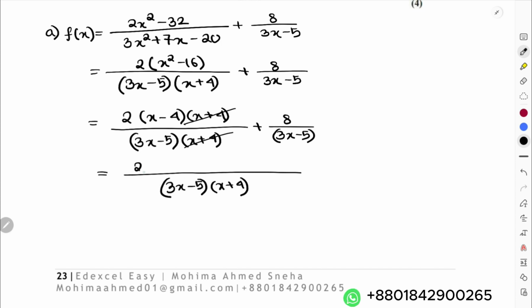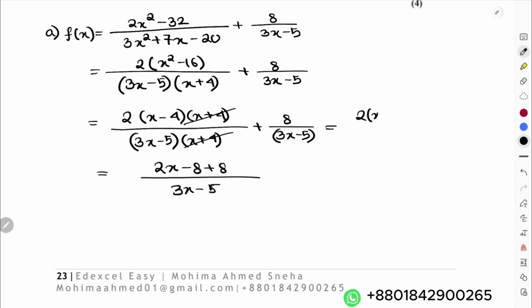Oh wait, sorry, I made a mistake. Both of them have the same denominator, as x plus 4 is anyway cancelled. So you get how much? 2x minus 8 plus 8 divided by 3x minus 5, right? Because they now both have the same denominator.